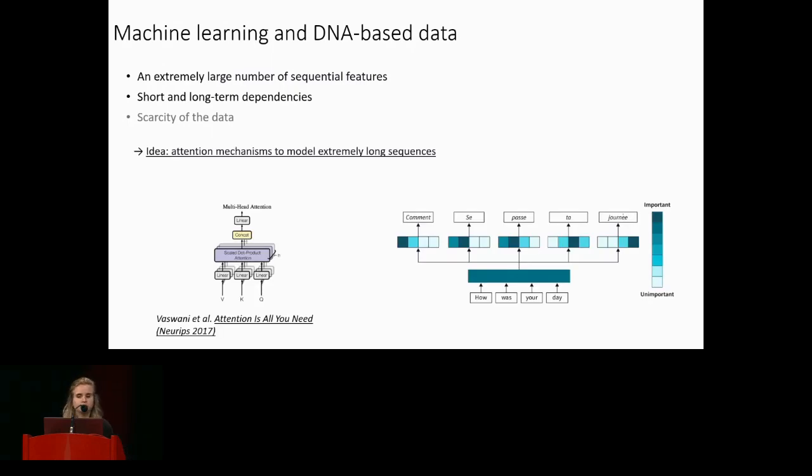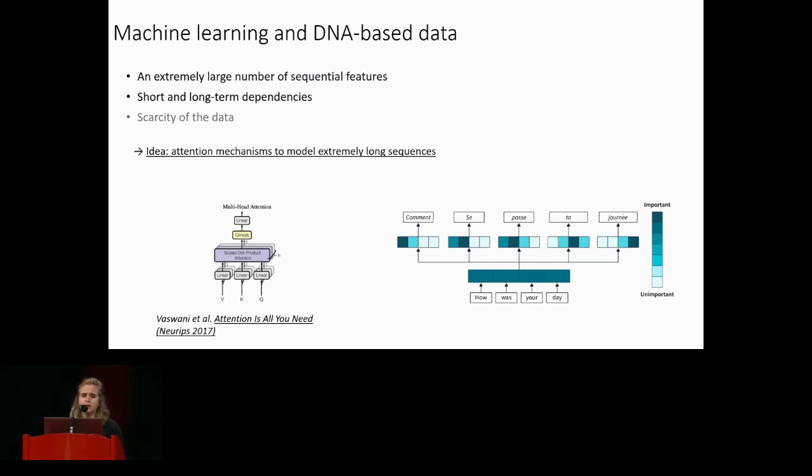So to solve the first problem, we use the attention mechanism strategy. Attention mechanism is at the basis of any new models, like GPT or any NLP model, and is an extremely powerful method to model long sequences.